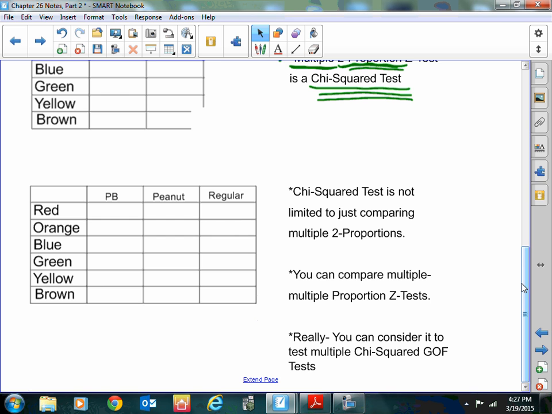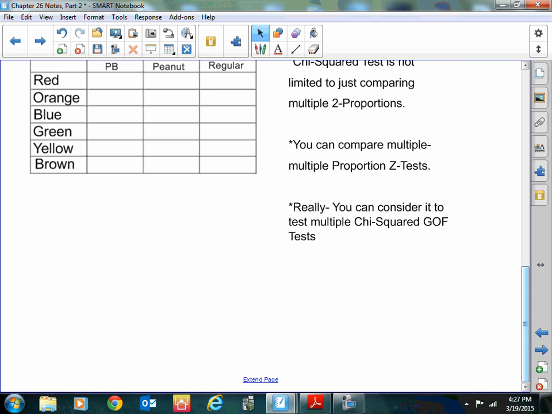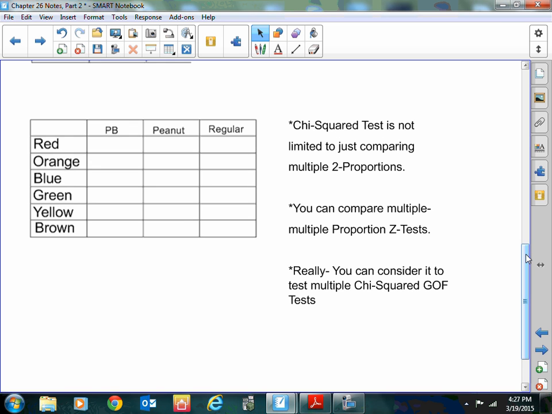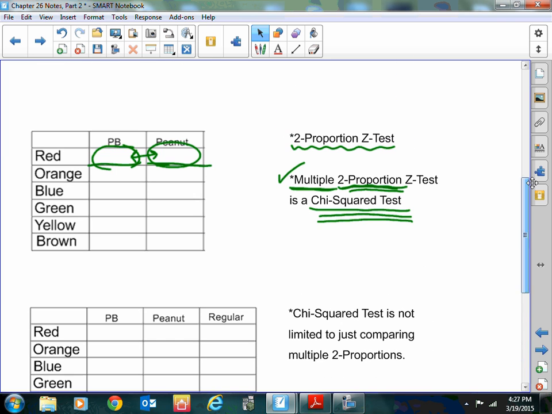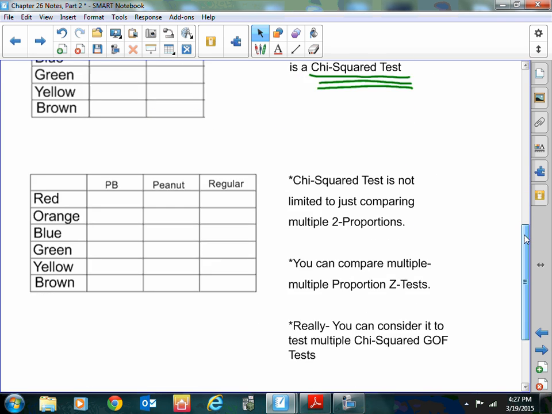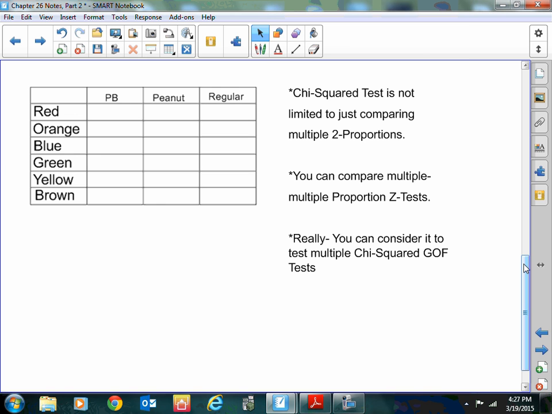All right. But I want to extend this one more time and say, you know what? You also, with a chi-squared test, are not limited to just two proportions. You don't have to be only peanut butter and peanut. You can also be peanut butter, peanut, and regular.